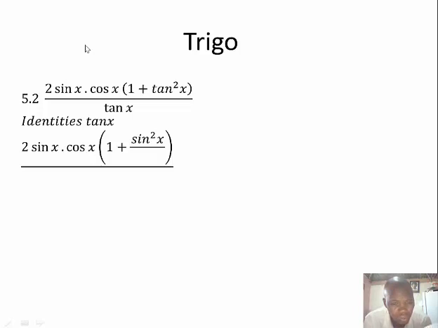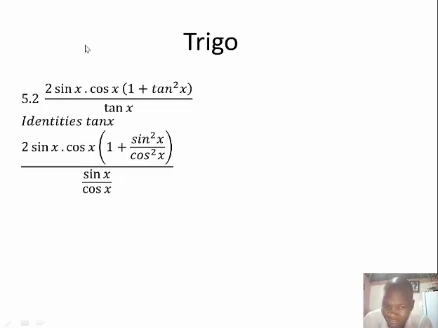Similarly, you can do the same thing at the bottom to save time. So you'll have your sine x over cos x as the denominator, because you have your tan x there. So you're changing that too. And when you come back to the next step, you have to ensure that the denominator is removed.